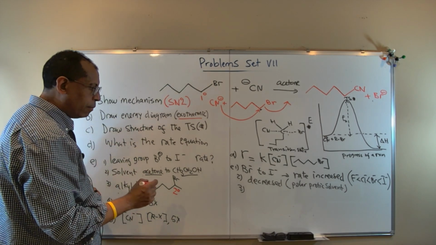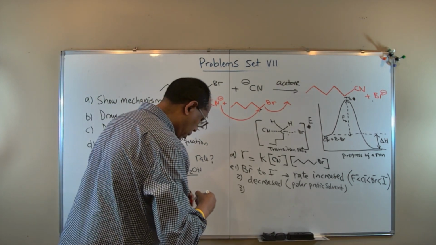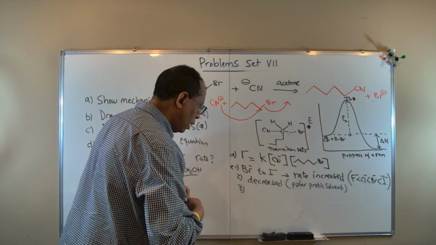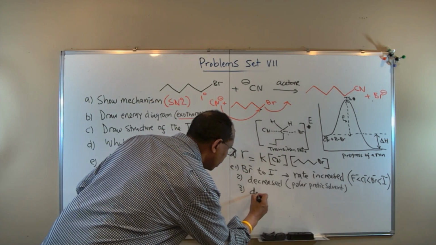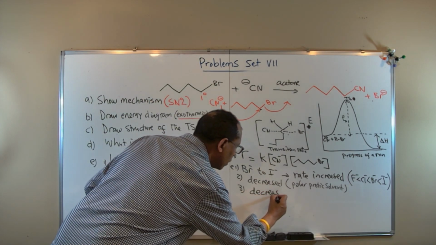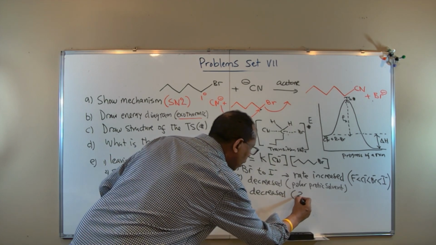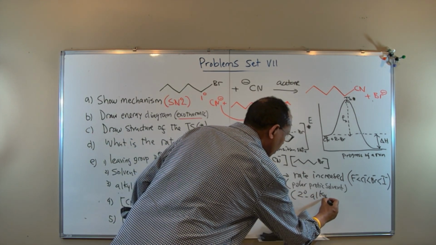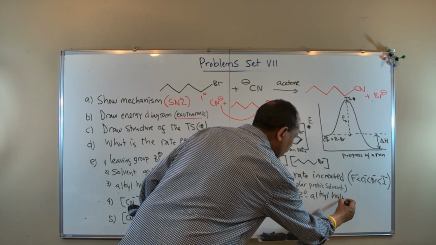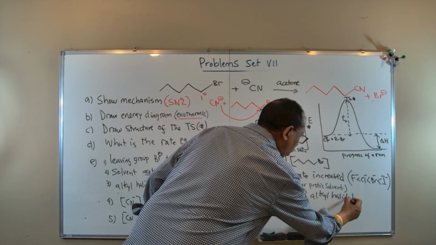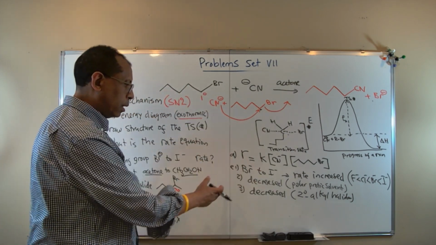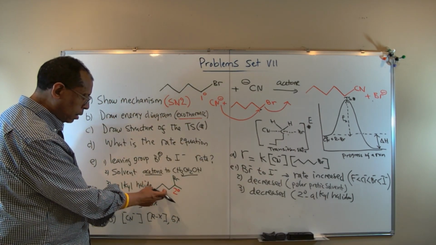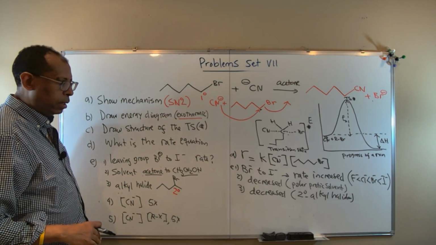So the rate will decrease, because secondary alkyl halides are not good. Tertiary is even worse. This is secondary, so the rate is decreased.